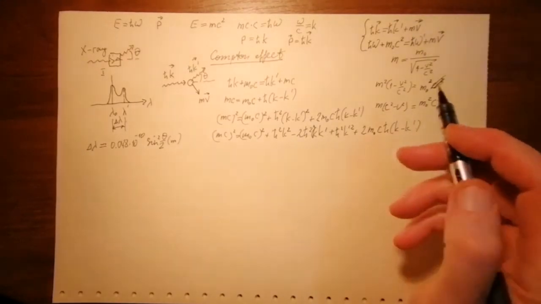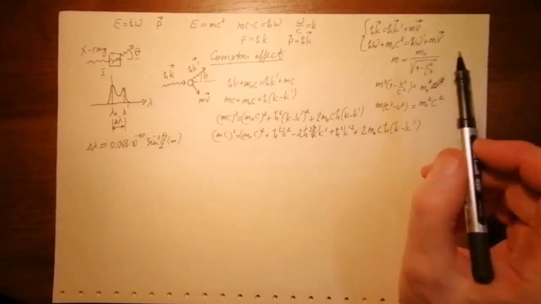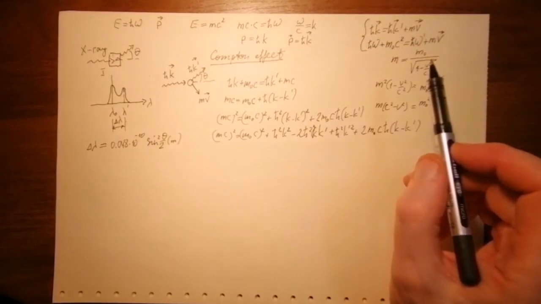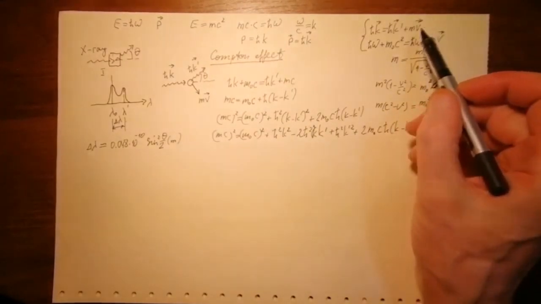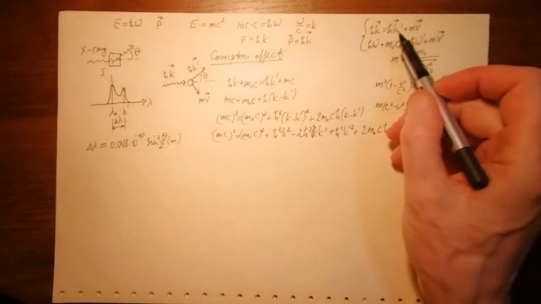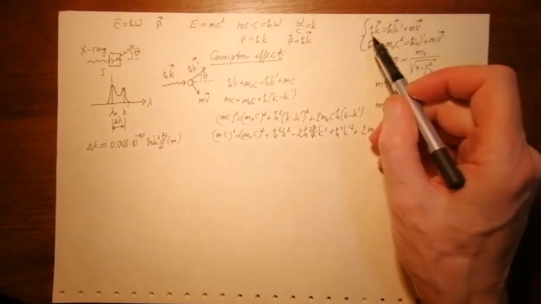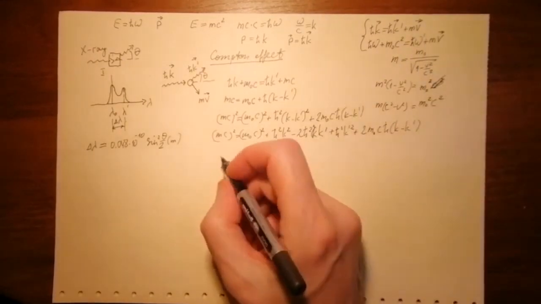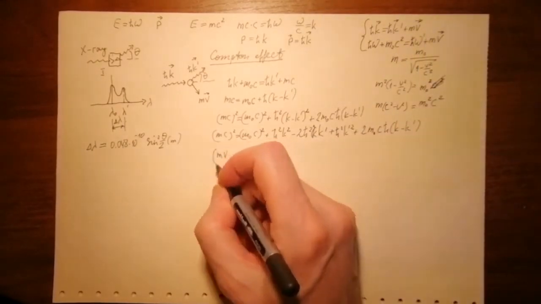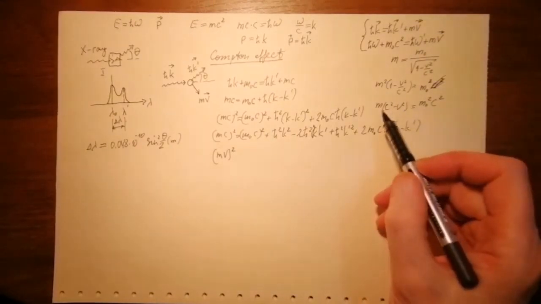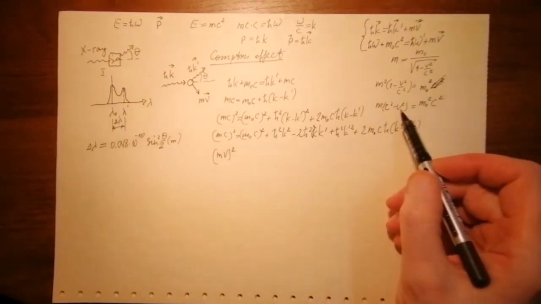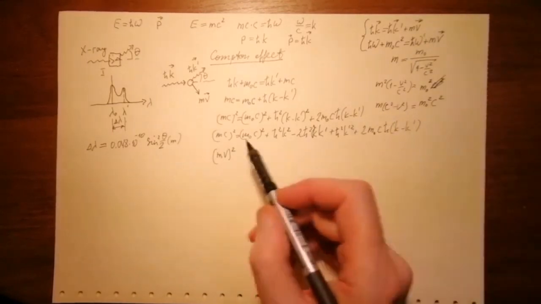On the other hand, if we take the first equation, then for this equation we can obtain the following. We will transfer this term to the left part, then mv squared. Our aim is to obtain the second term as mv squared. So we have already obtained mc squared.